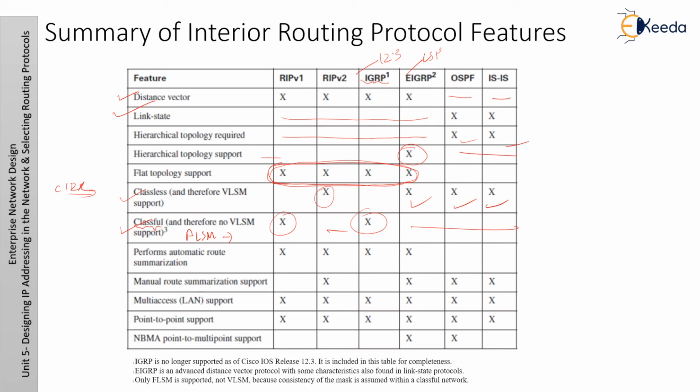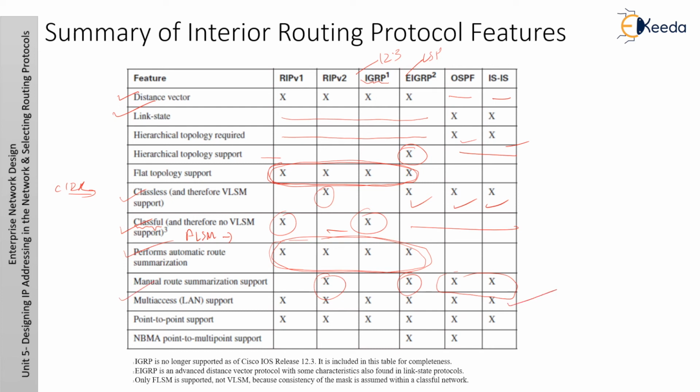Performs automatic route summarization: all the distance vector protocols support automatic route summarization. Manual route summarization is supported by all the protocols which support link state, including EIGRP and RIP version 2. Multi-access LAN support is supported by every protocol.